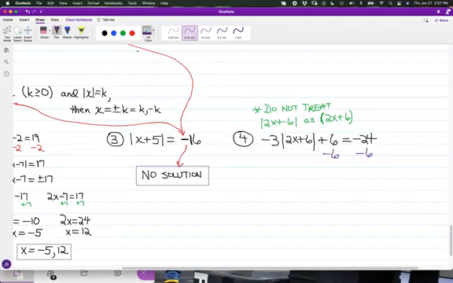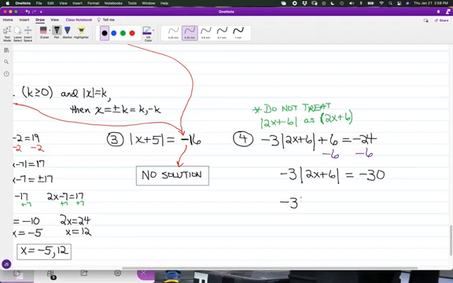In the rewrite, we will have negative 3 times the absolute value of 2x plus 6 is equal to negative 24 minus 6. Now negative 24 and negative 6 will be negative 30. And again, I cannot distribute negative 3 over 2x plus 6. Now you might have a solution, but it might deny you of a second solution.